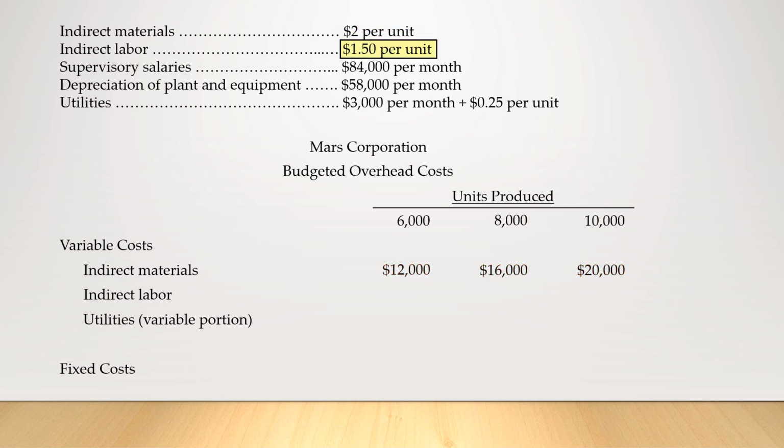Indirect labor has a per unit cost of $1.50. So repeat the process performed for indirect materials. Multiply $1.50 per unit by 6,000, 8,000, and 10,000 units. And the total indirect labor cost will be $9,000, $12,000, and $15,000.